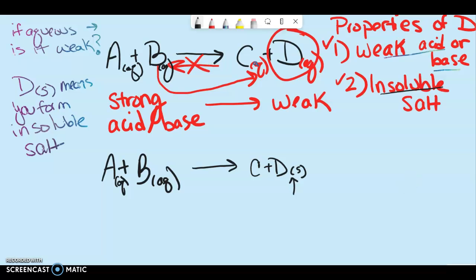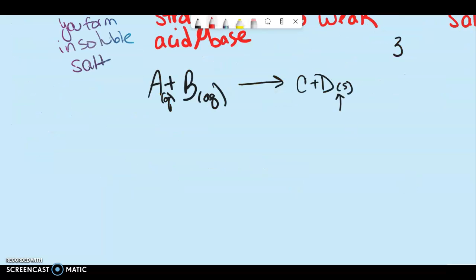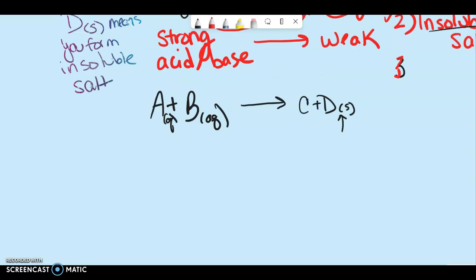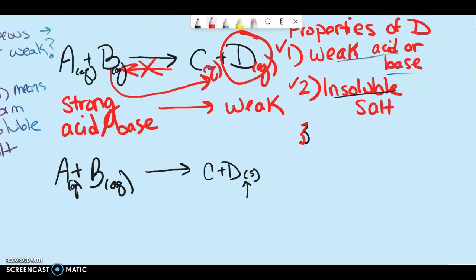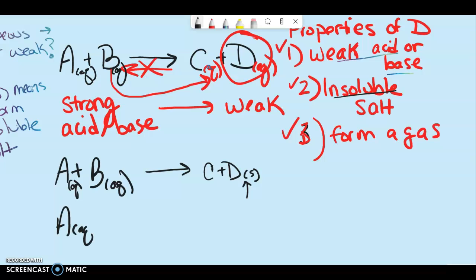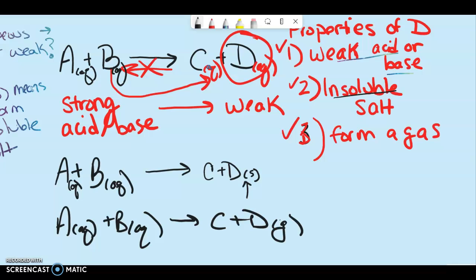We've got 2 others to talk about. So if we go to 3, if we form a gas, the reaction will likely go to completion. So if I have A plus B going to C plus D, and if I'm just looking at D right now and I form a gas, then this reaction goes to completion because the gas will escape and bubble away.